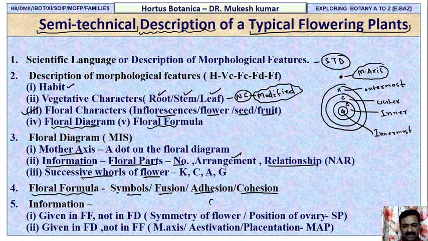Cohesion means if the stamens are fused to each other, this is called cohesion. So similar organ interaction is called cohesion, and dissimilar organ attraction is called adhesion.